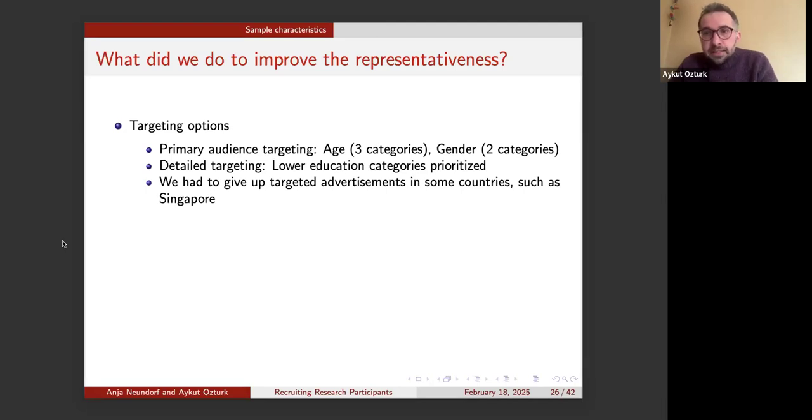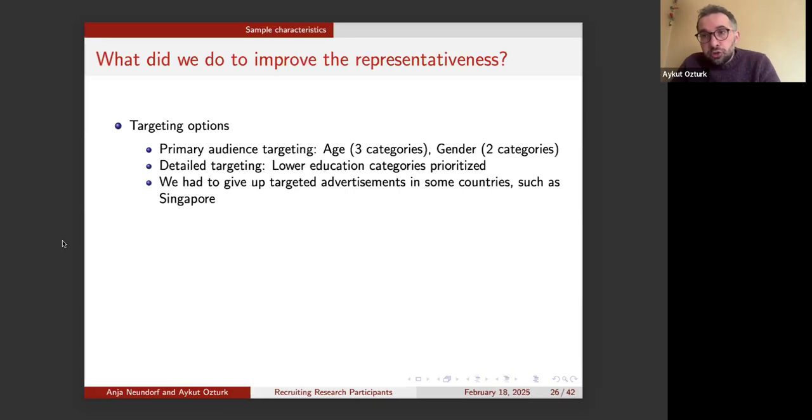So in that regard, now Facebook offers age, gender, and location as exclusive targeting categories, which means that if you do targeting based on age, gender, and location, then Facebook will stick to your targeting and will not deliver your advertisements beyond your categories regarding these three. But for all other ones, Facebook will go beyond and try to deliver.